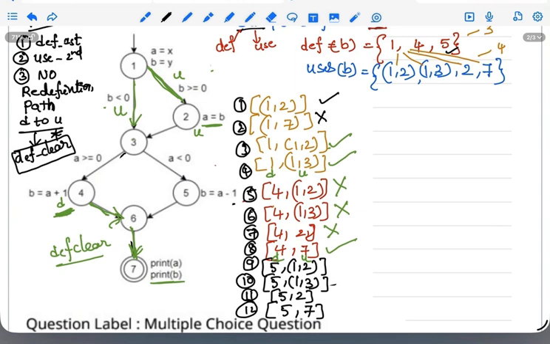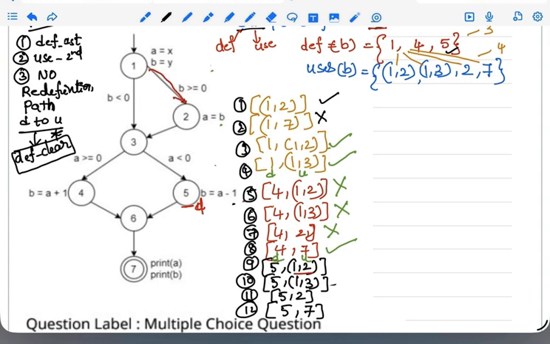Next, 5 comma (1,2): definition at node 5 and use at edge (1,2). How do you go backwards? This is not a valid du-pair. And definition at 5 and use at (1,3), this one.